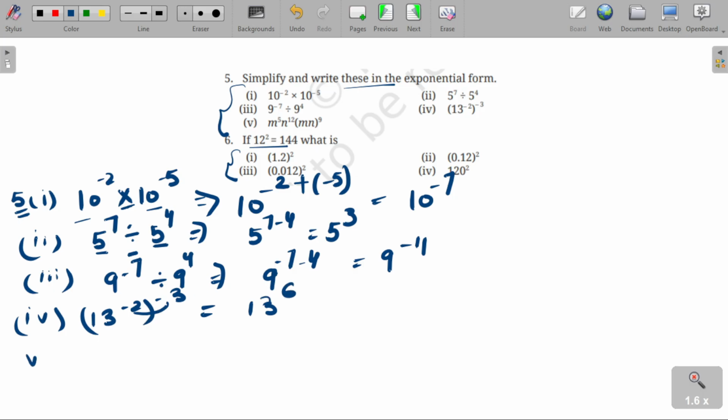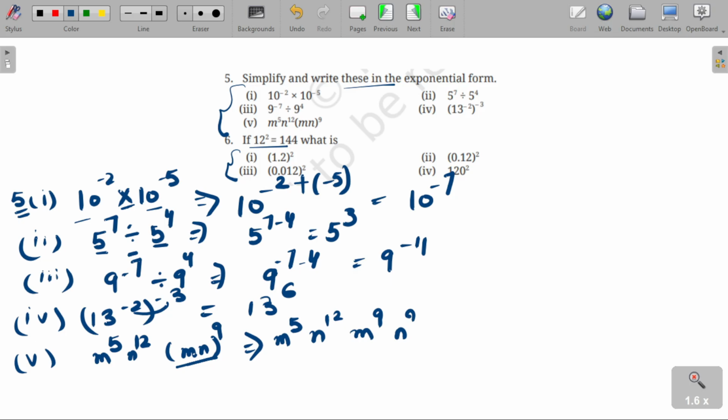Fifth part is m raised to 5 and n raised to 12, mn raised to 9. See, first we'll solve this product, this bracket. m raised to 5 n raised to 12, m raised to 9 and n raised to 9.